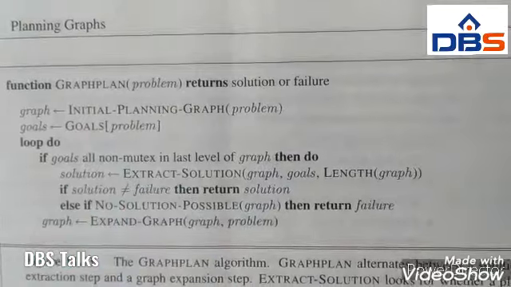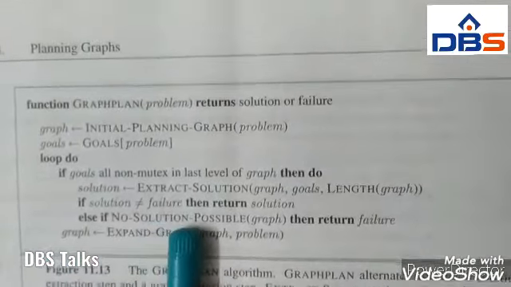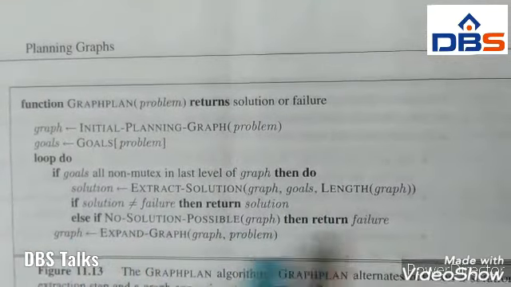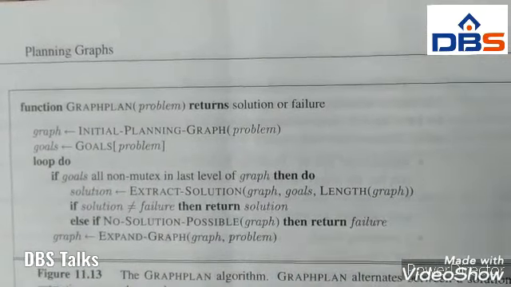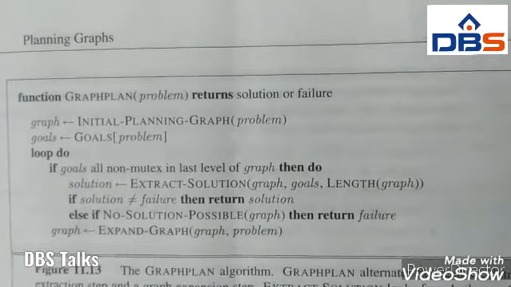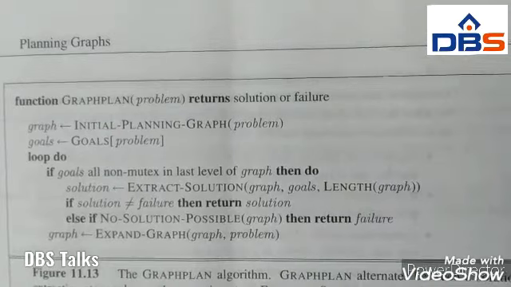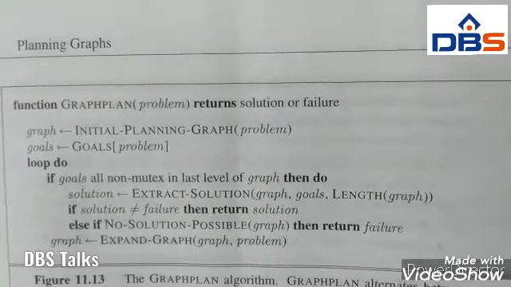Then if the solution is not failure, return the solution; otherwise, no solution to the problem. If in every level some mutex links are available, the solution is not available for those problems. Now this is the GraphPlan algorithm.